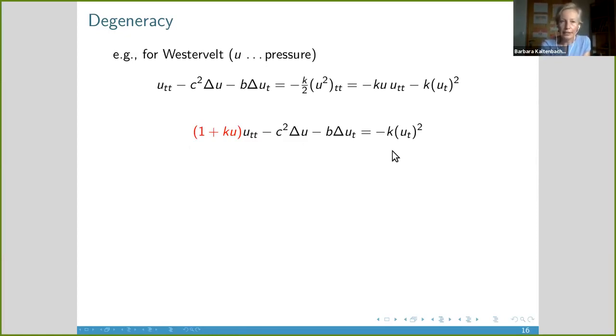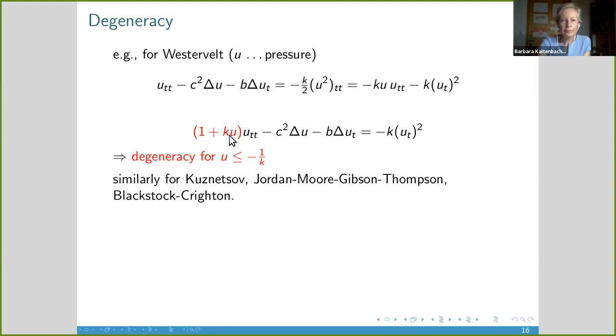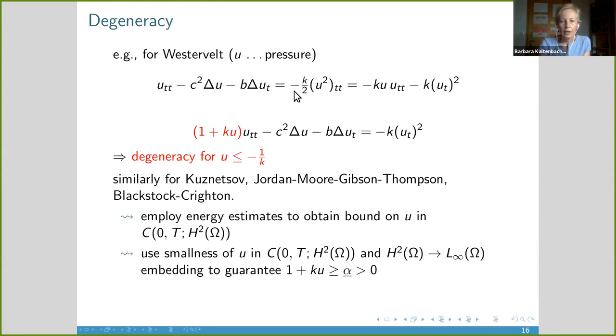So also in the analysis, in order to keep this a wave-like analysis, one has to avoid this term here becoming 0 or negative. And this happens not only in this Westervelt equation, but also in the others.